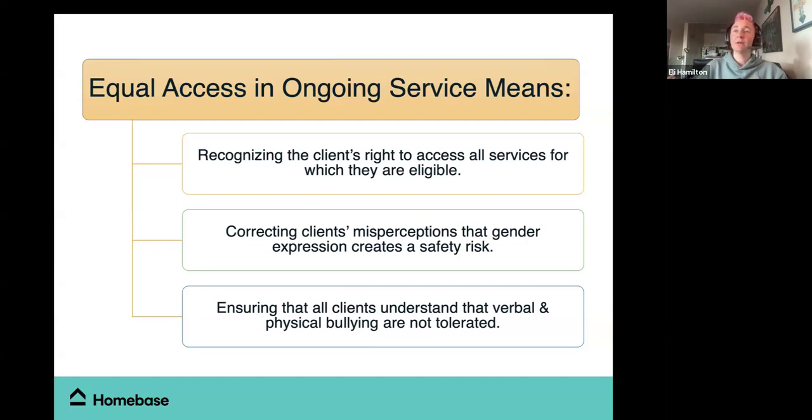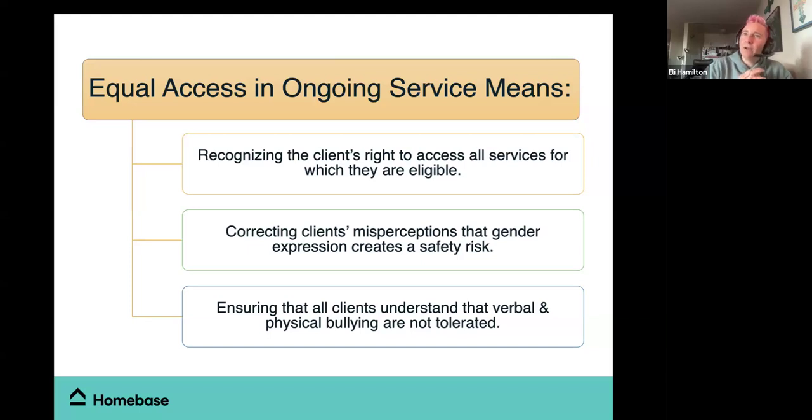Someone who presents in a masculine way and identifies as a man in your program may still need to be connected to an obstetrician, or may still need feminine hygiene products, right? So really make sure that you're not pigeonholing people into the services that you expect them to need.